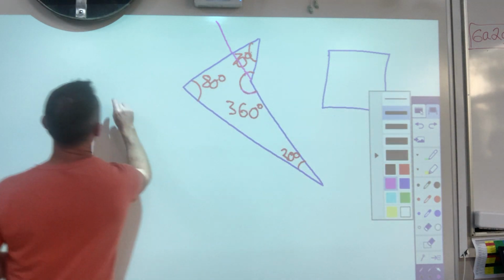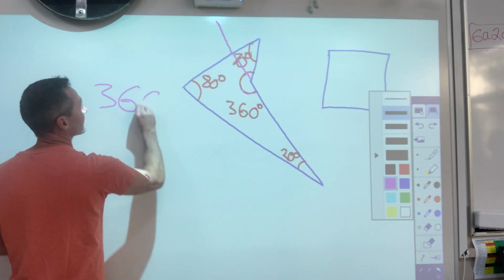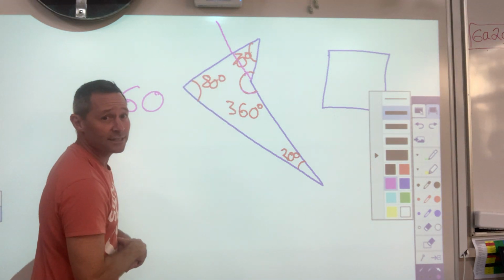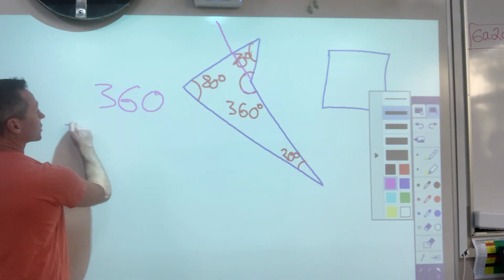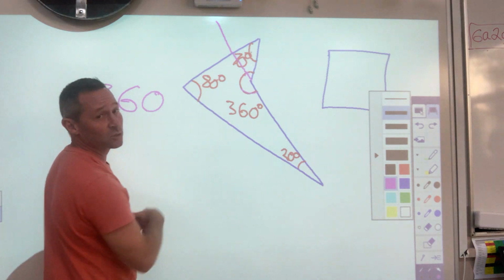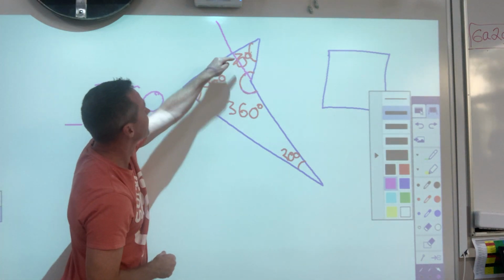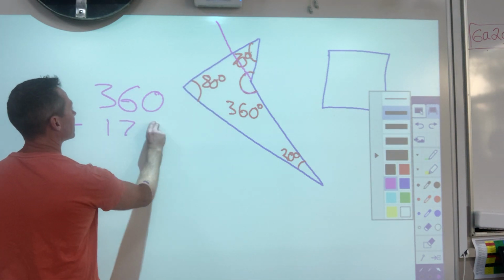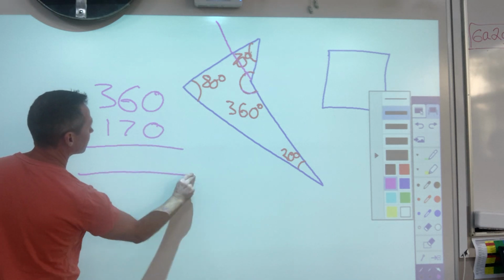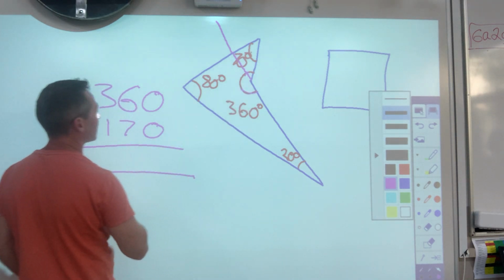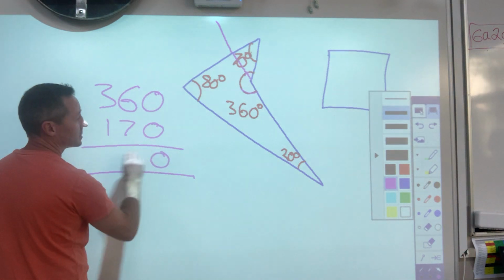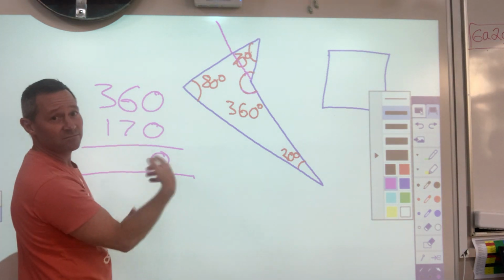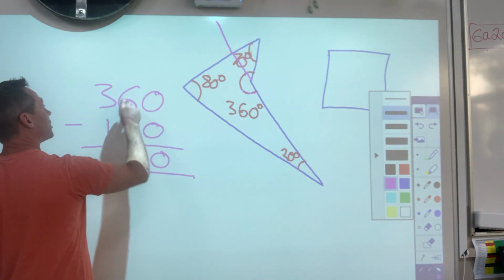And to work it out accurately, 360 degrees inside of the quadrilateral minus what we know. 20 plus 80 is 100. 100 plus 70 is 170. If I minus that, this would give me this angle here. 0 minus 0, 0. 6 minus 7, smaller than 7. I have to come across to the hundreds.